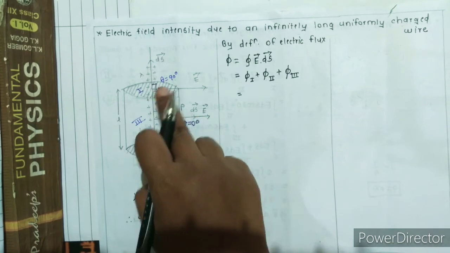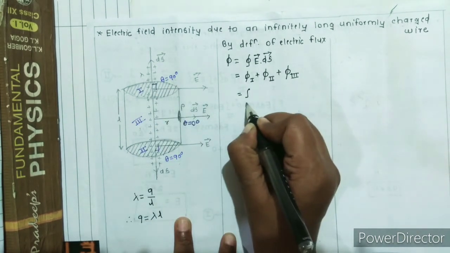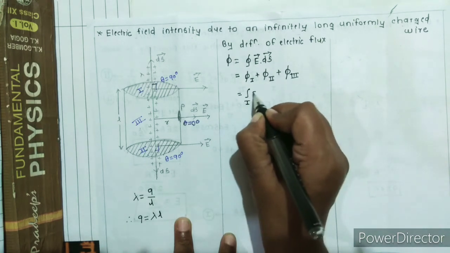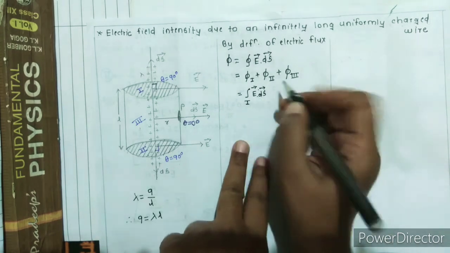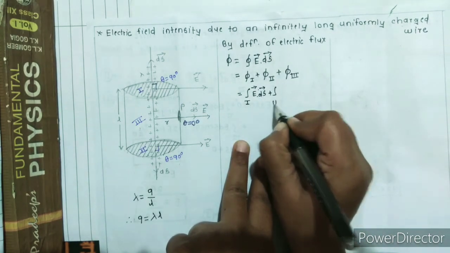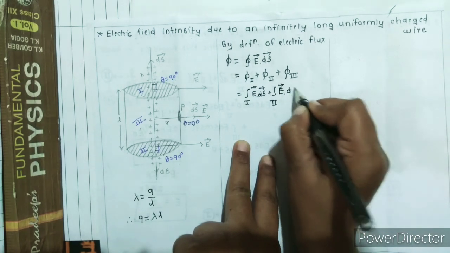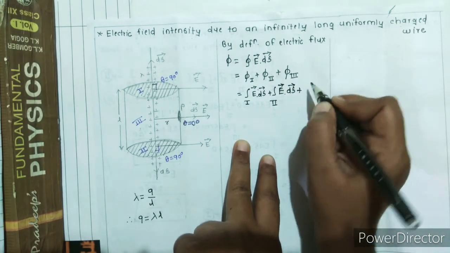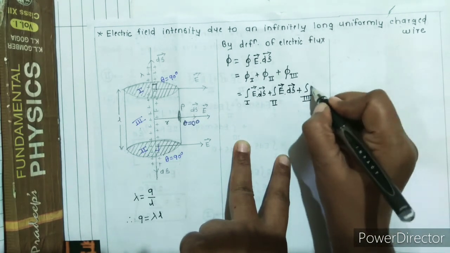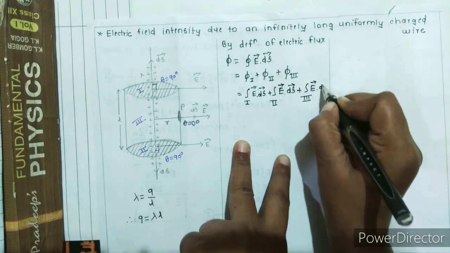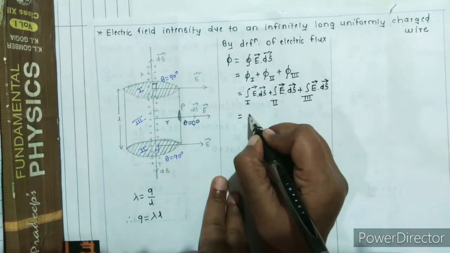For region first, I can write integration of vector E dot ds plus integration of vector E dot ds plus integration of vector E dot ds.